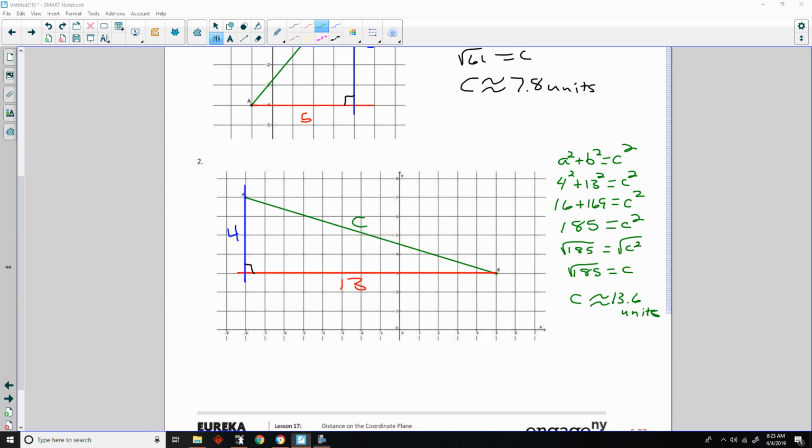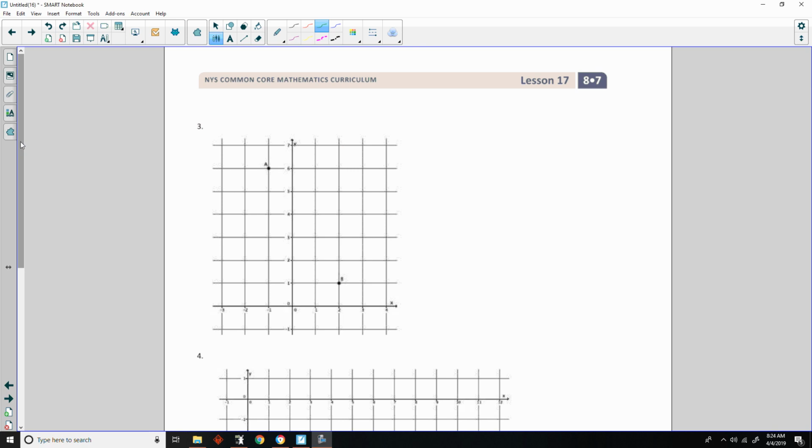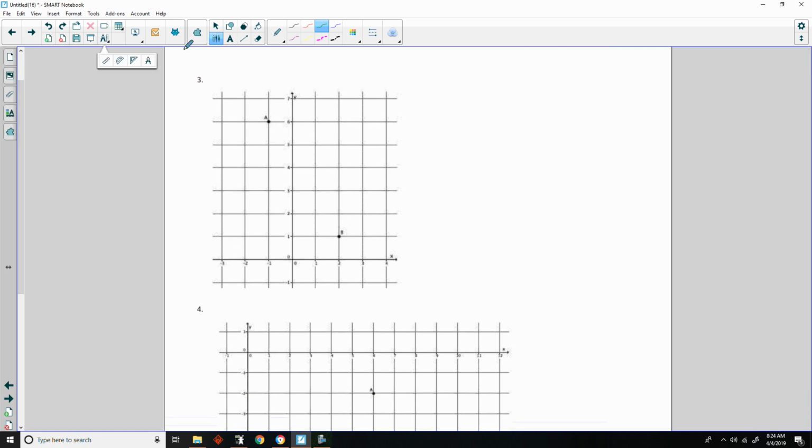Okay, here's number 3. So again, I'm going to get my ruler. Draw a nice straight line from A to B. This time I'm going to go above.